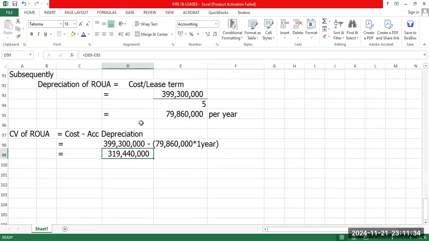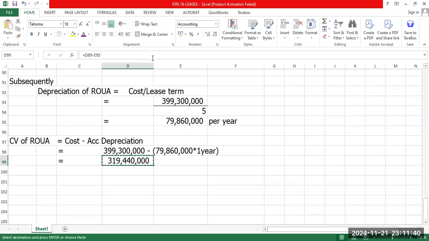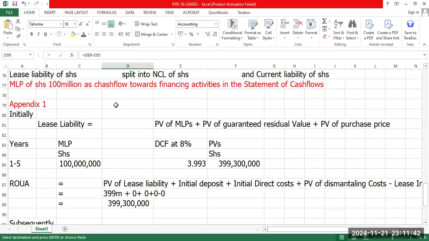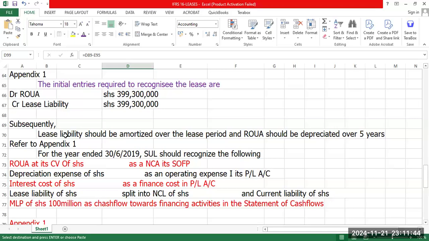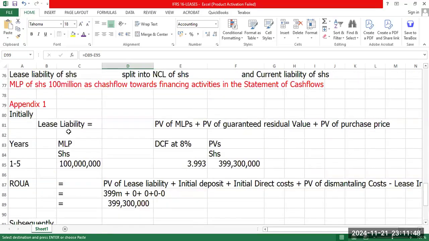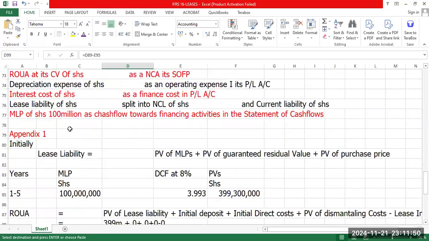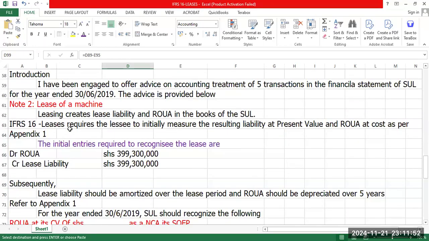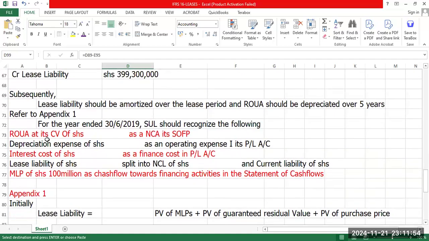I record this figure where you have carrying value. Where? Okay, it is here.